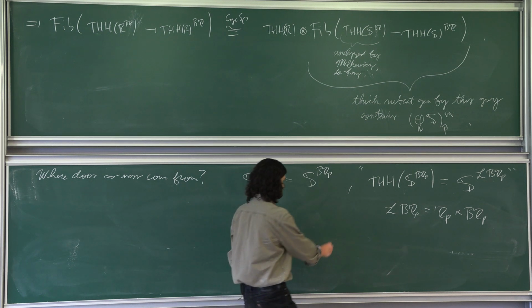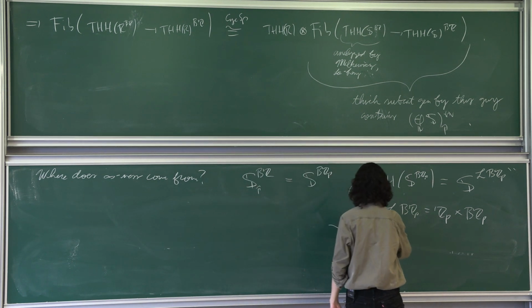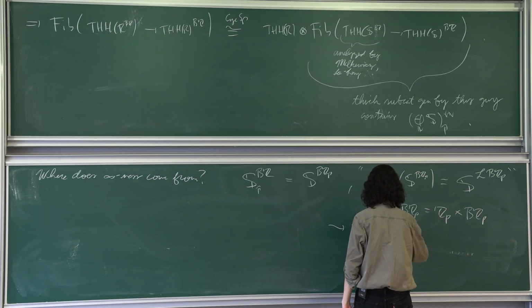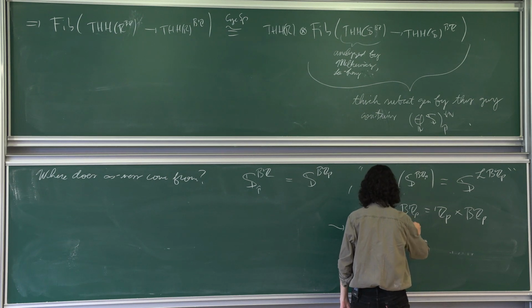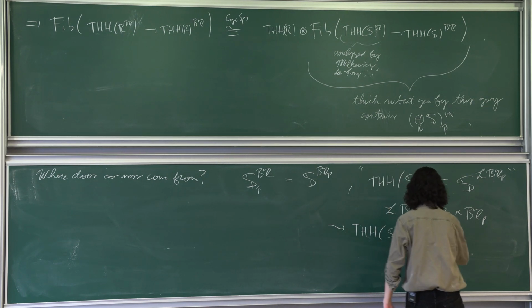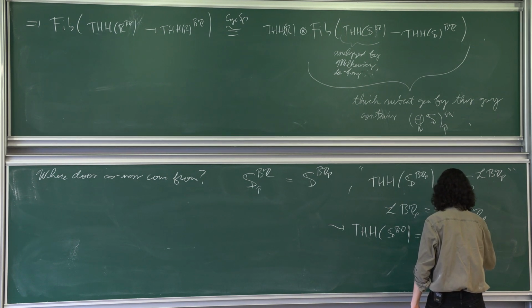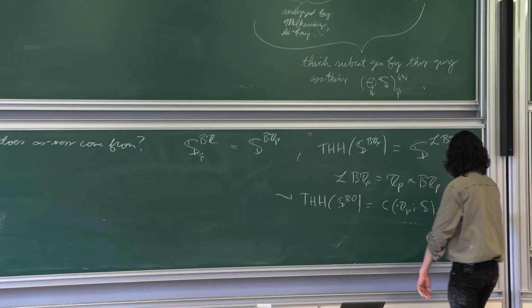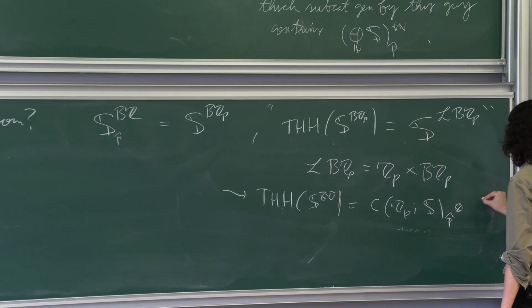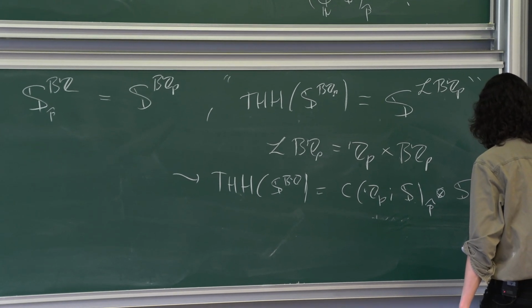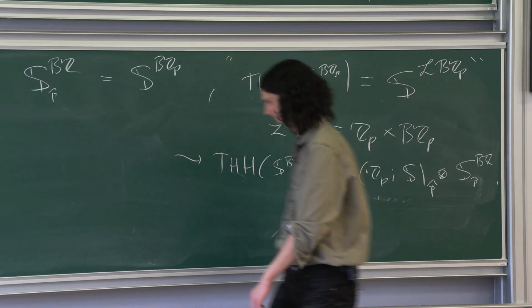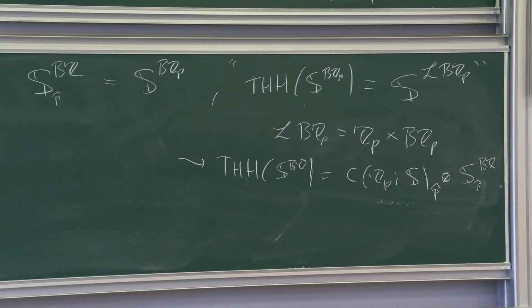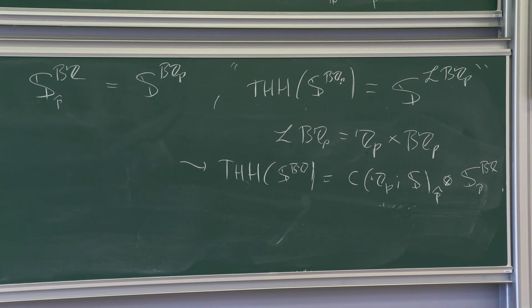And then basically, THH of sphere BZ p-adically is like continuous functions on Zp with values in S p-adically completed tensor S[BZ]. So that's what's going on.